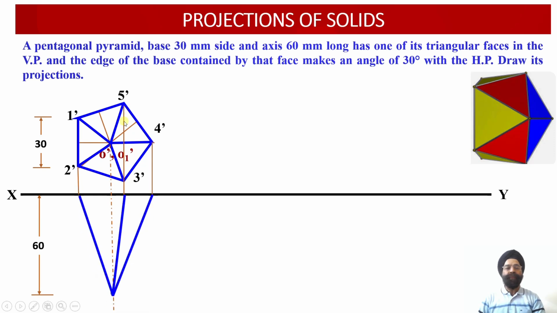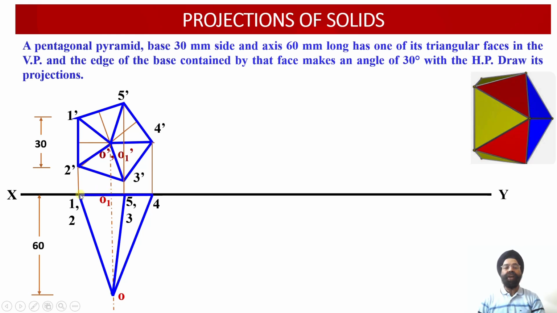Similarly, points 5 dash and 3 dash will be represented onto the XY reference line as points 3 and 5 over here. And similarly, the point 4 dash will be represented onto the XY reference line in the top view projection as point 4 over here.